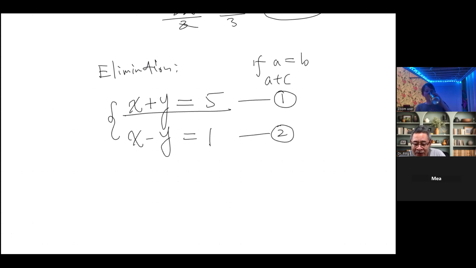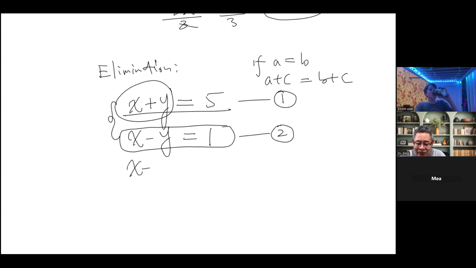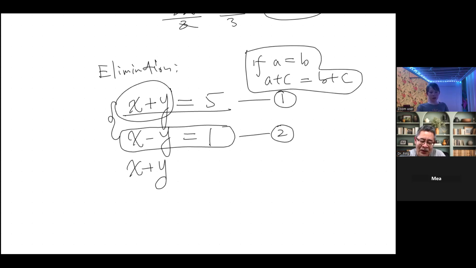So let's say we know this is true, x minus y is 1, but we're going to add x plus y on one side. On the other side we add 5, because x plus y equals 5. We can do that because this rule tells us that as long as we add the same amount on both sides, the equation is true.